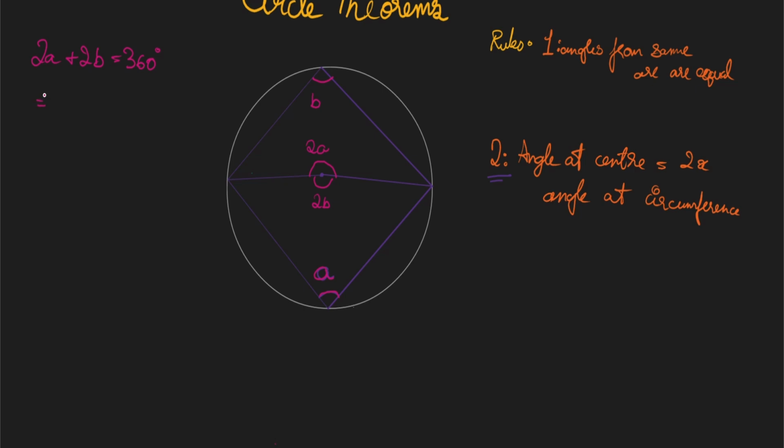And that would just mean that 2 times (A plus B) is equal to 360, so A plus B is equal to 180 degrees. So you get this plus this is equal to 180 degrees. And that's our third rule: opposite angles in a cyclic quadrilateral are supplementary.